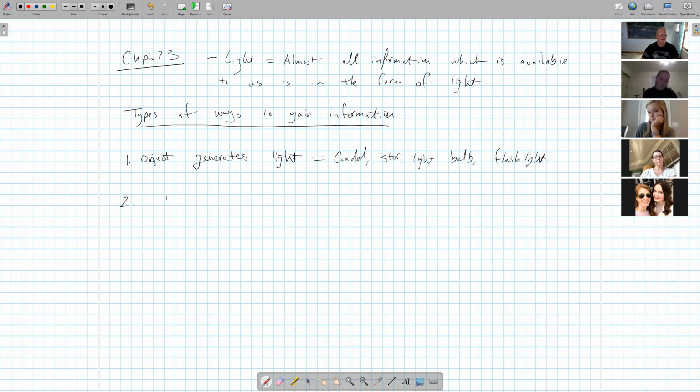The second way we usually see things is when the object actually reflects light. So this would basically be other things. For example, we see planets this way. We see each other.